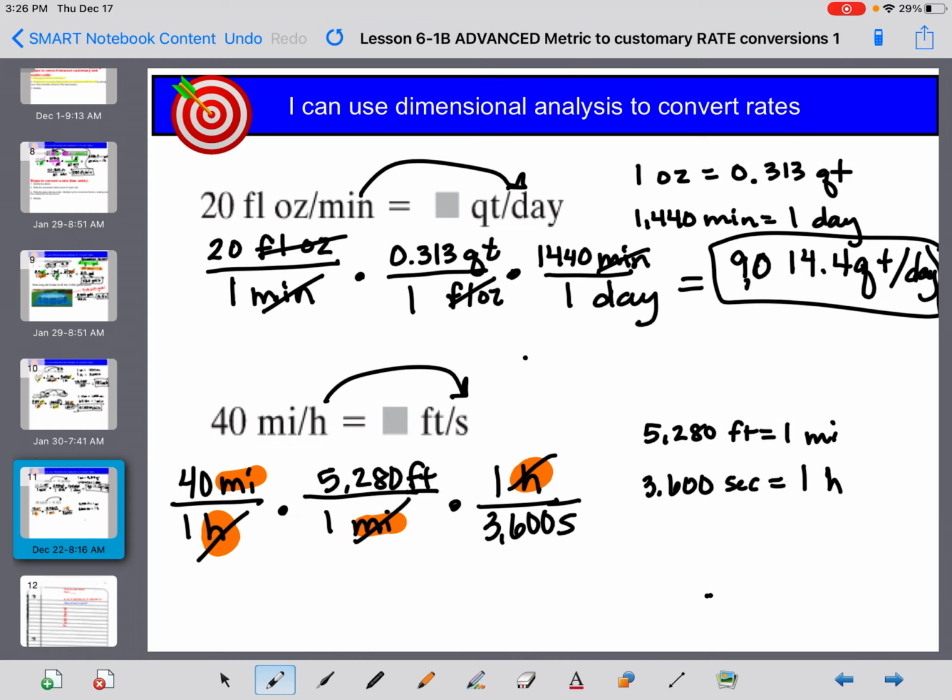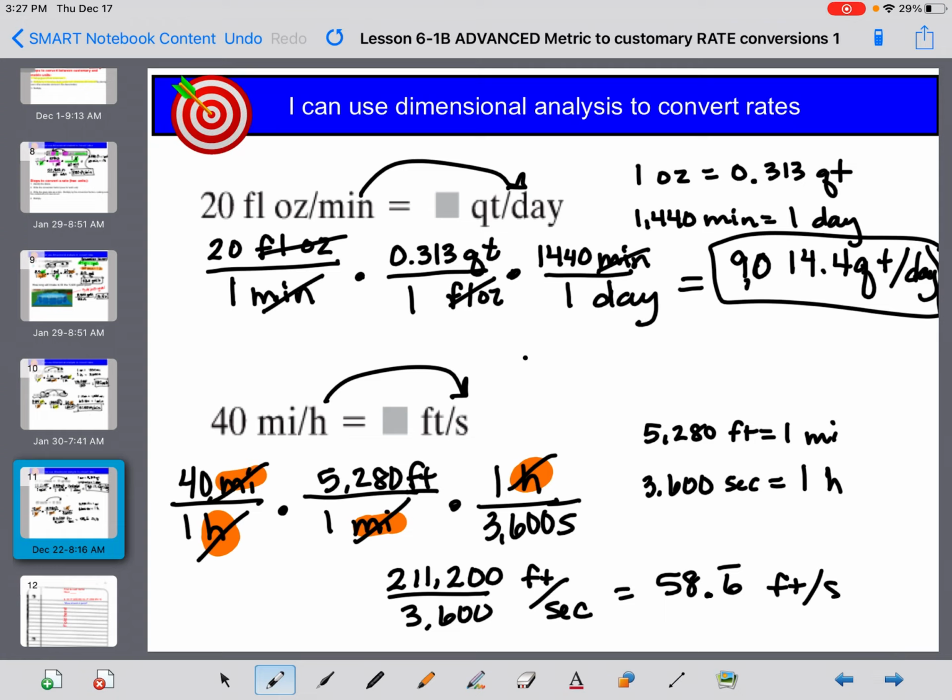And now I'm ready to cross off my labels and multiply across. 5,280 times 40 is 211,200 feet all over 3,600 seconds. Divide that out because we don't leave it like that. And we get 58 and 2/3 or 6/10, repeating, feet per second.